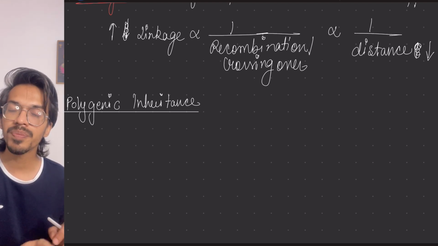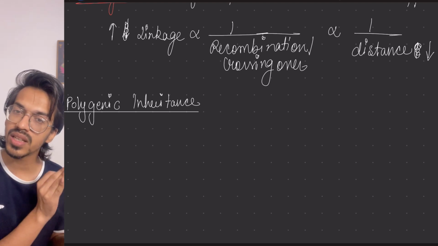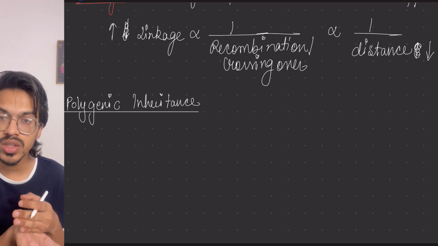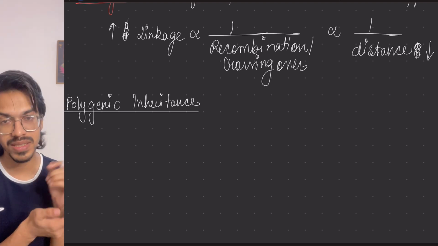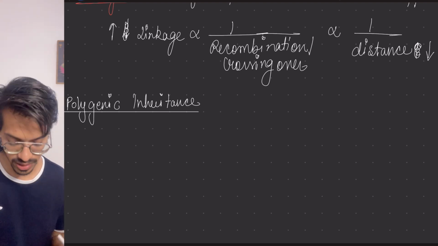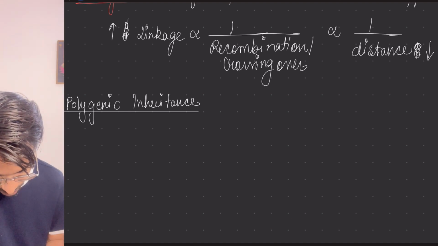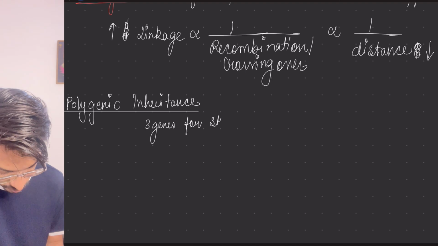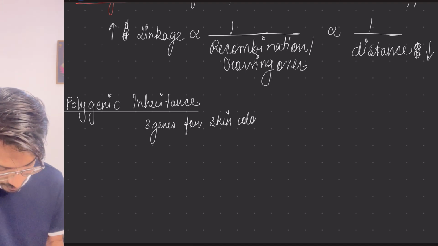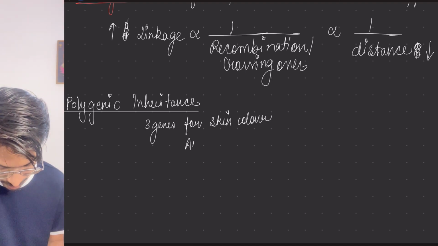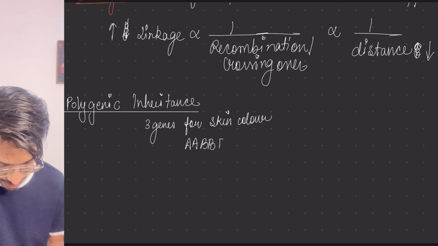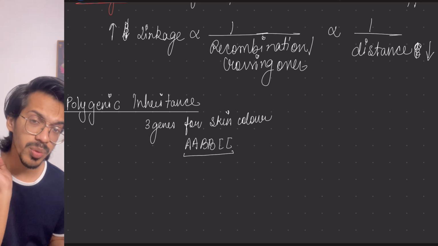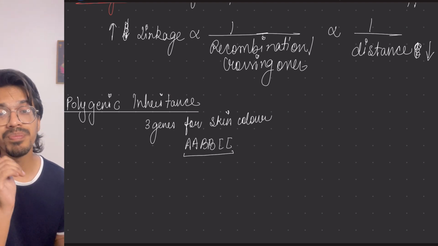For example, in human skin color, the skin color is determined by the amount of dominant alleles present. There are a total of 3 such genes working for skin color, that is AABBCC. If all the three dominants are present, the person would be pitch black.